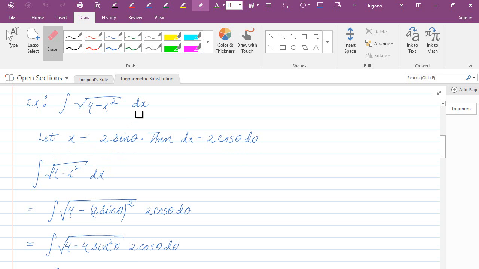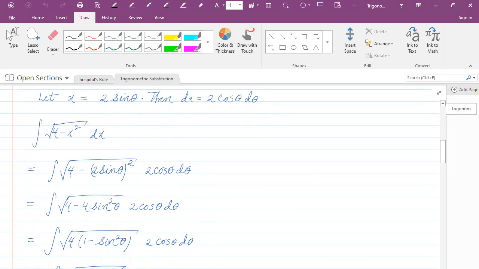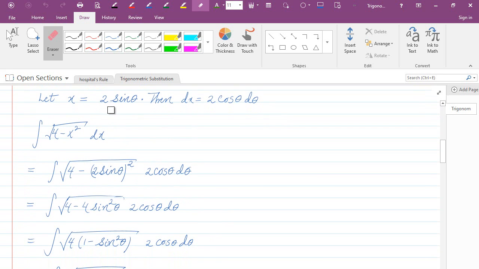So we can replace dx by 2 cosine theta d theta, and x will be replaced by 2 sine theta. So let's make the substitution: x is 2 sine theta, and dx is 2 cosine theta d theta.